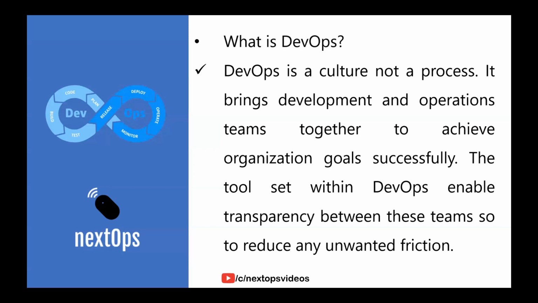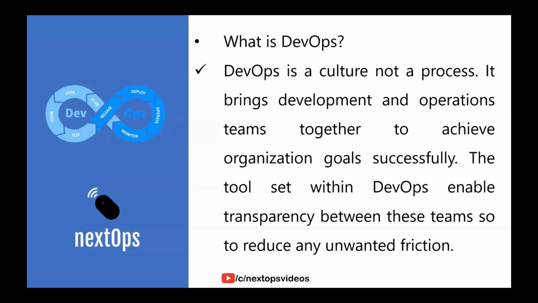It brings both teams, development and operations, together to achieve organizational goals successfully. Back in the old days, every team was following their own process. That's where the friction originates, because of lack of transparency.